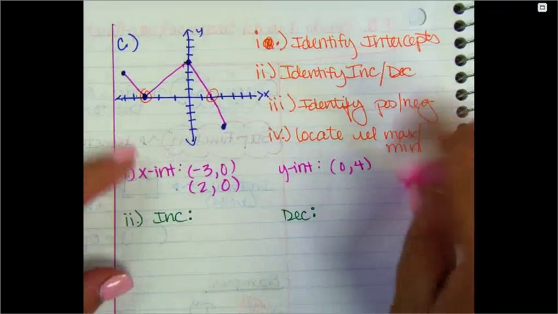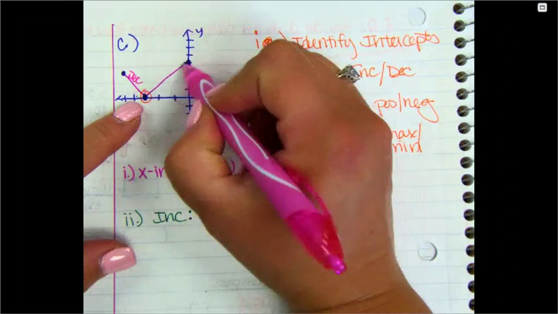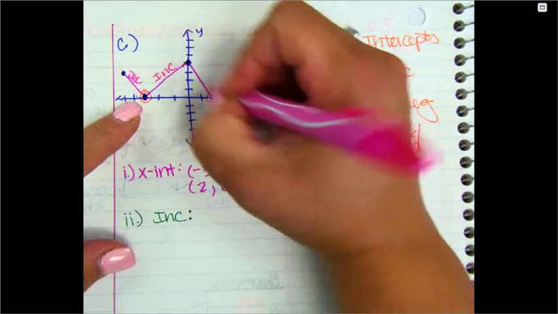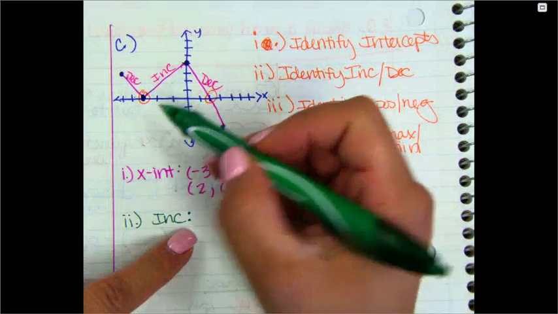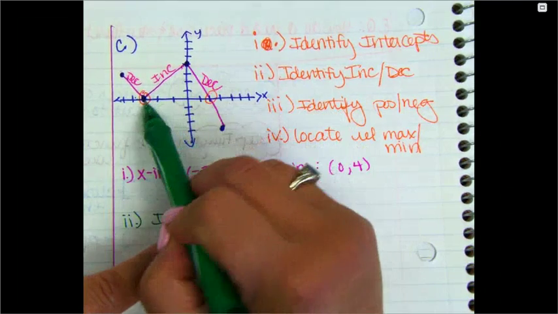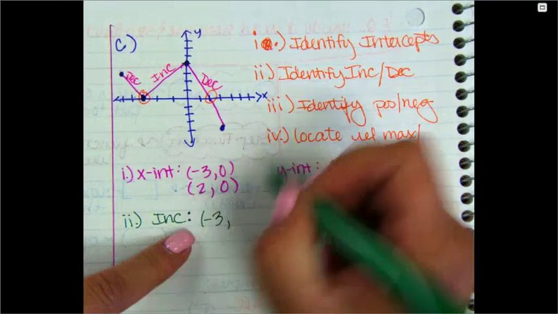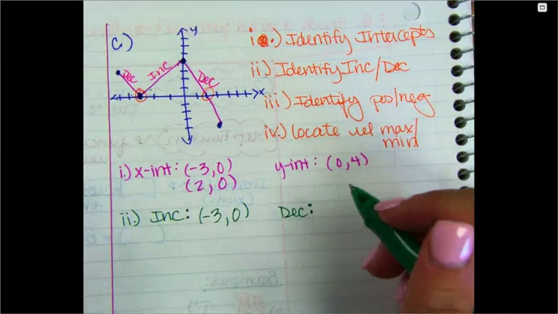All right, when I look at my graph, from here to here, is that increase or decrease? Decrease, good. From here to here, increase. Here to here, decrease, good. All right, so when I label my increasing interval, I'm going from where to where? What number is this? -3, comma, 0. Very good. Remember, it's in terms of x. Nice.